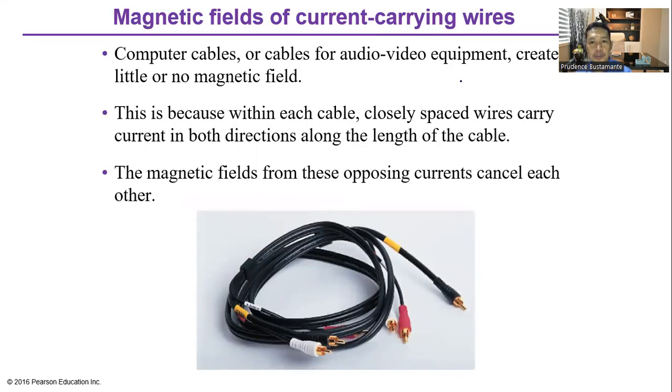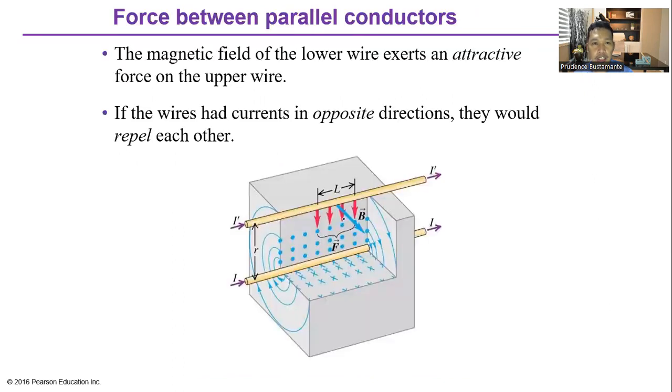This is because within each cable, closely spaced wires carry current in both directions along the length of the cable. So the magnetic fields from these opposing currents cancel each other. That is the reason why there's no magnetic field in the wire. Usually these are opposing currents in opposite directions.